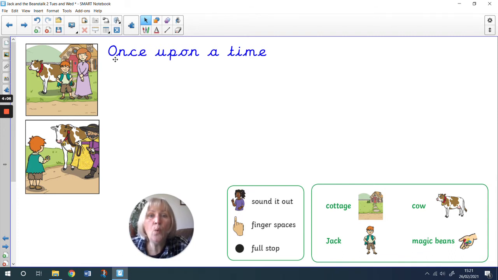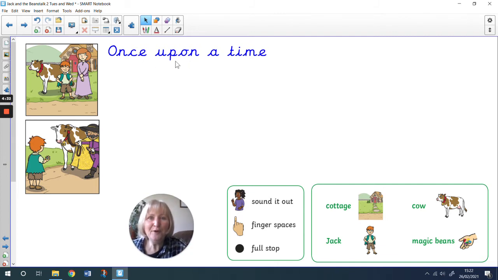It's the word once, but it doesn't start with a W letter. Once. It's a bit like the number 1 when we write the number 1 word. That starts with an A as well. Once. Once, up, on, that's 2 words stuck together, the word up and the word on, up on.